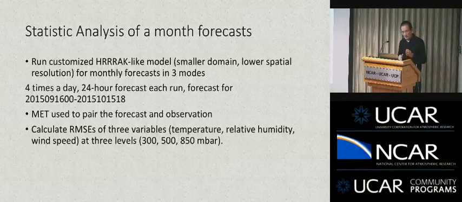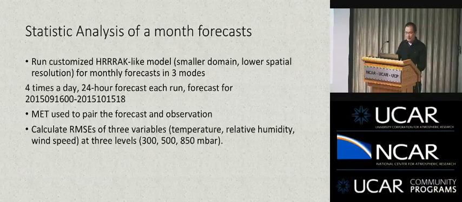So we do the 1 month forecast and then do the statistics analysis. In this one, we run a customized Alaska HRRR-AK model, which uses a smaller domain and a lower spatial resolution. We run it 4 times a day and do the 24 hour forecast.